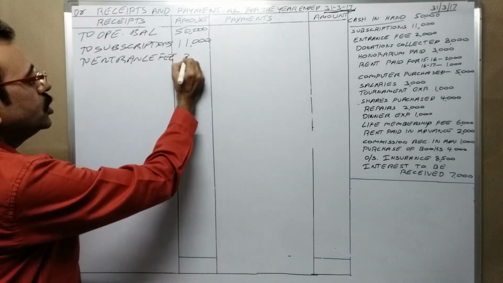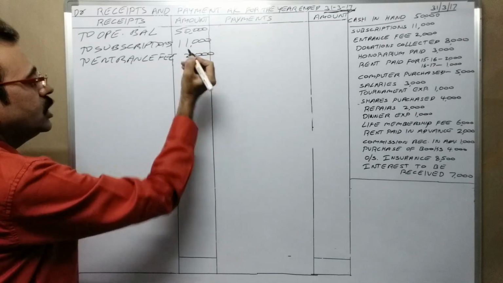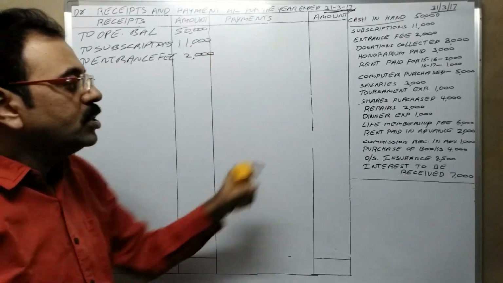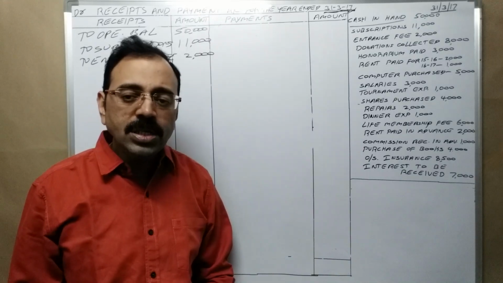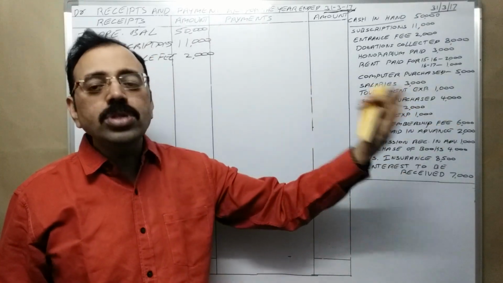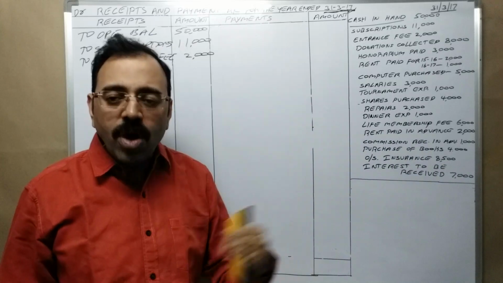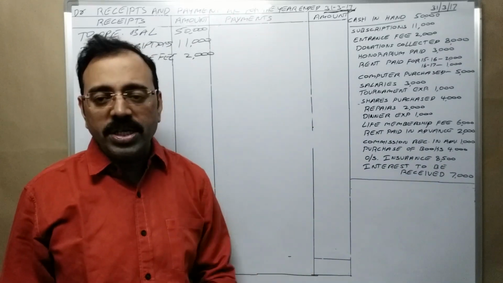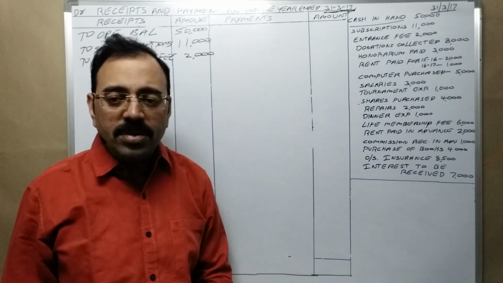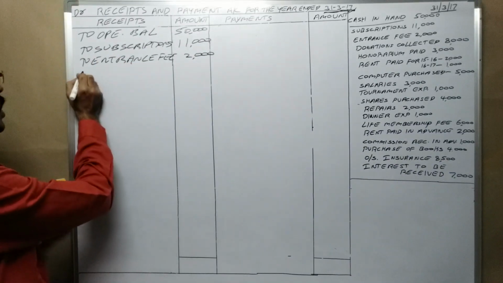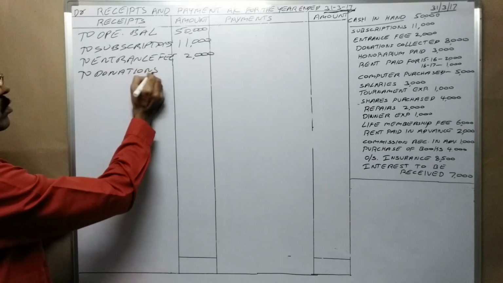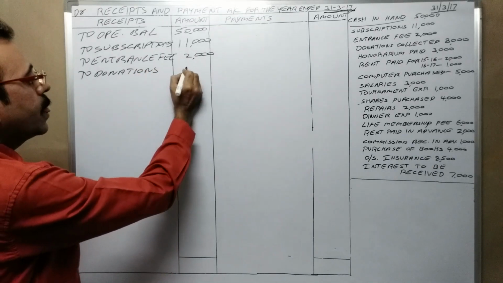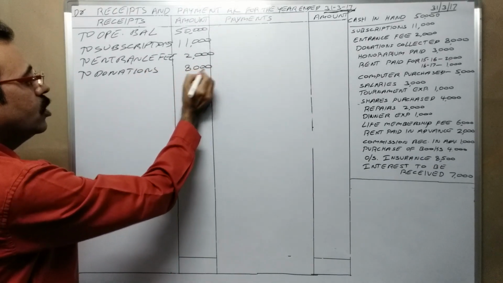Amount is 2,000 rupees. Next, donations collected. Donation means if anybody gives a gift to us in the form of cash, it is called donation. Cash is coming here. So, write it on the debit side. Amount is 8,000 rupees.